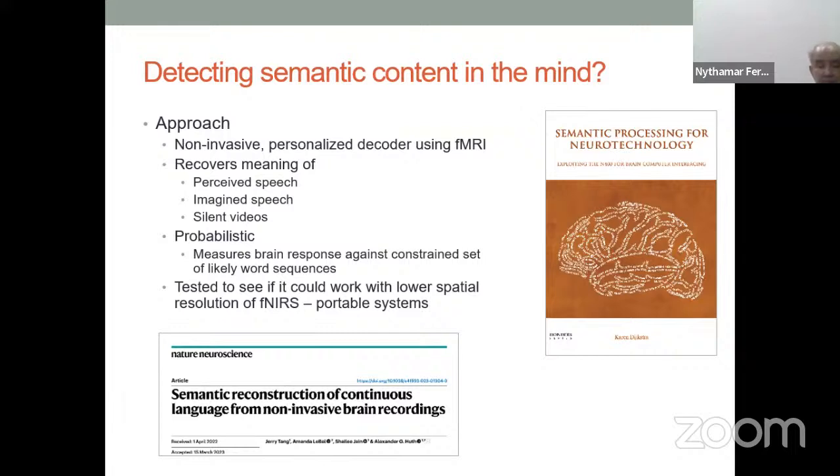So this approach was published, as I said, last year. And what they did was they took 3 subjects and put them in the magnetic resonance imaging imager and did functional magnetic resonance imaging, which picks up patterns of blood flow in the brain, which is interpreted as signifying activity in that part of the brain, to get a pattern of brain activity.